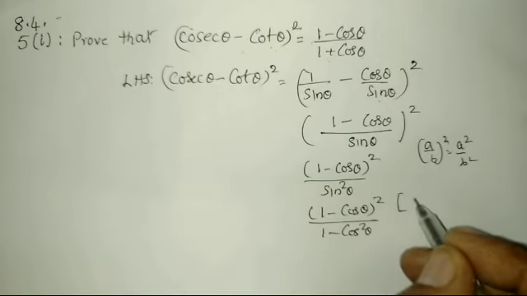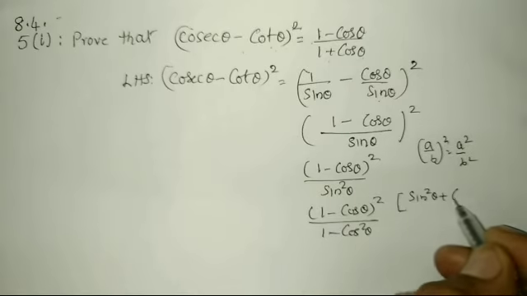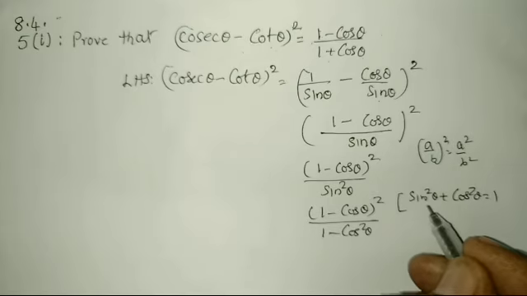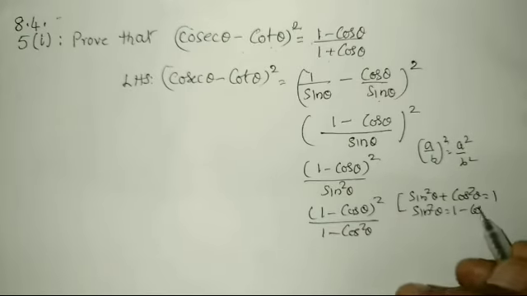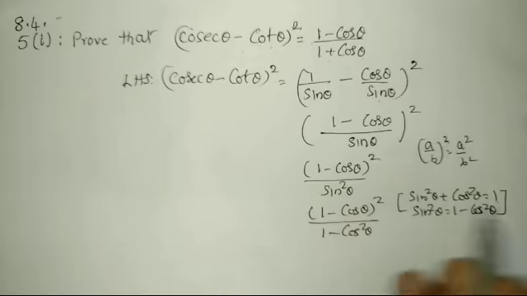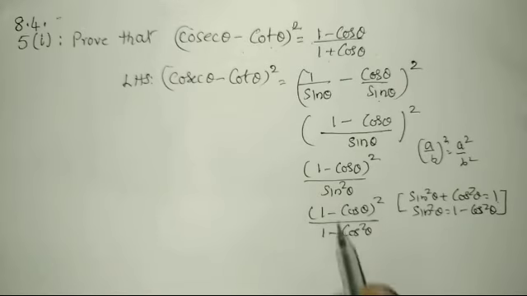From this we get sin square theta equal to 1 minus cos square theta. So for sin square theta we write 1 minus cos square theta.